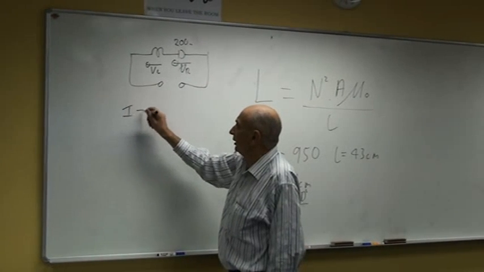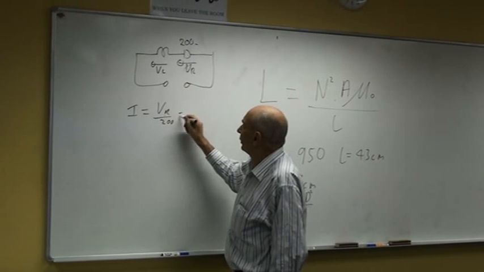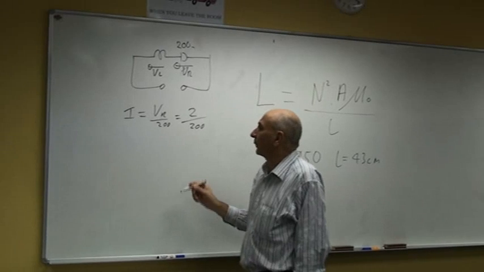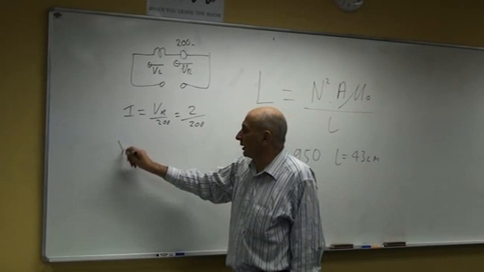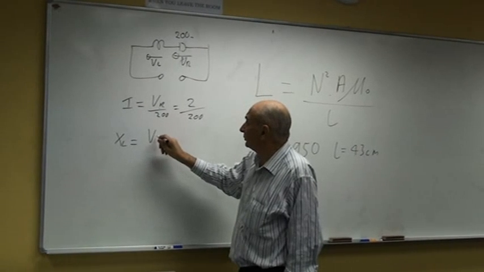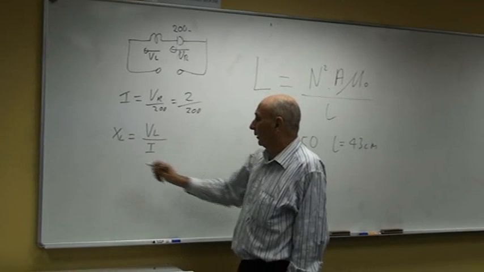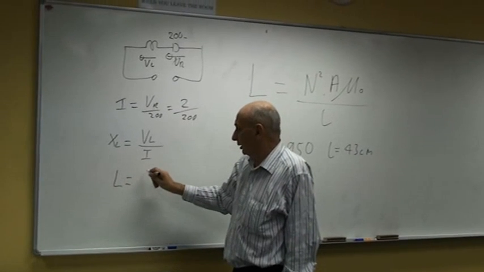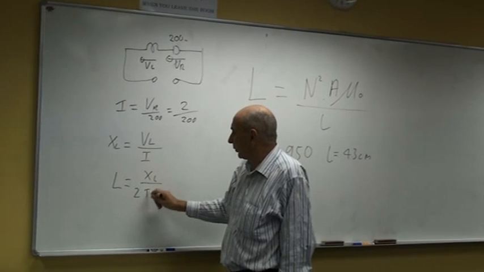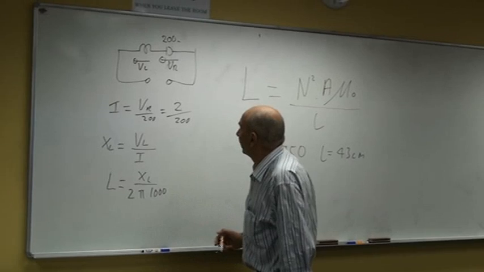We can say I equals VR over 200. So that's 2 over 200. You've got to work that out. And then you say that XL, which is like the ohms of the coil, is VL, which is also 2 volts in this case, divided by I. And finally, you say L equals XL divided by 2 times pi times the frequency, which is 1,000 hertz.